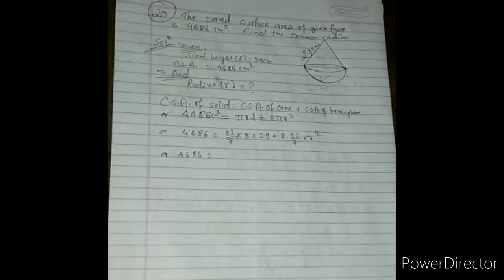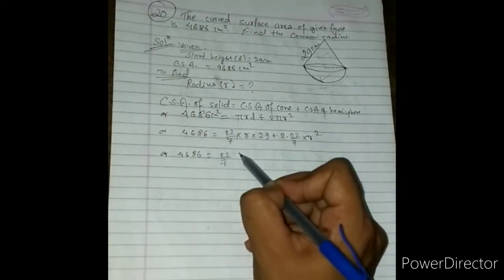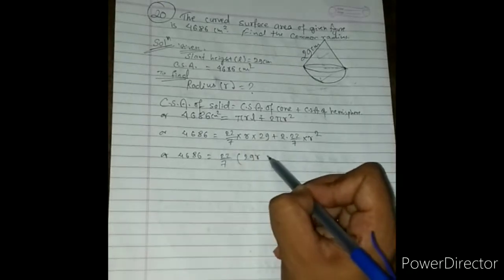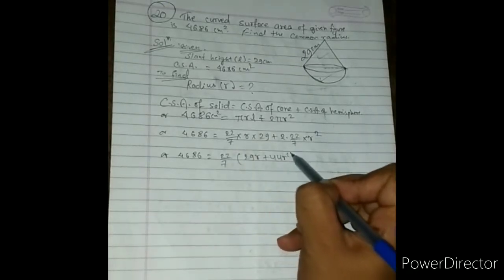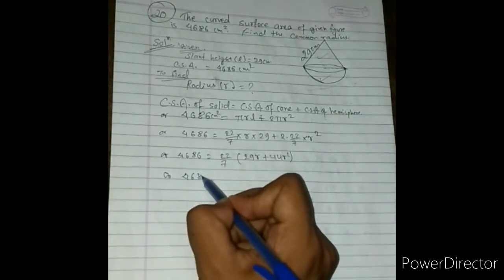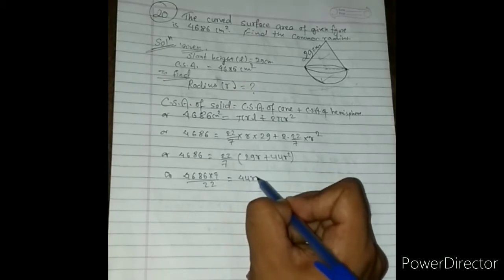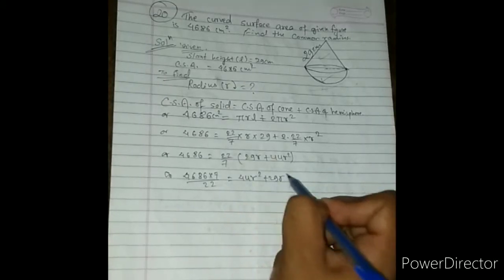So 4686 equals 22 into 29 r divided by 7 plus the hemisphere part. Let's take 22/7 common: 22/7 into 29r plus 44r square. Now taking this side, 4686 into 7/22 equals 44r square plus 29r.